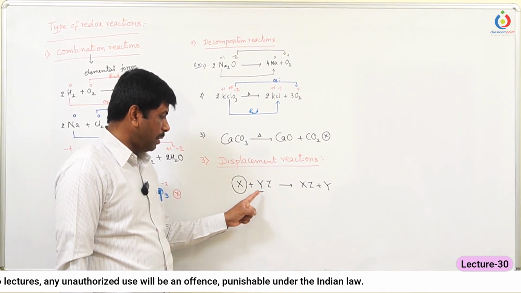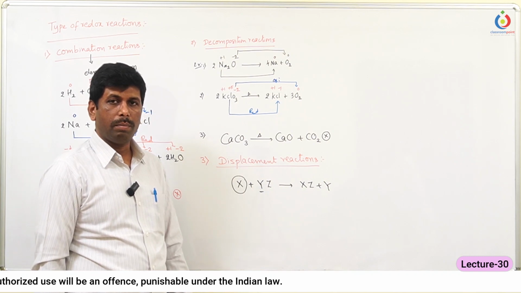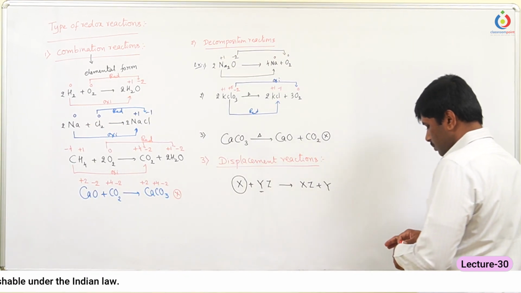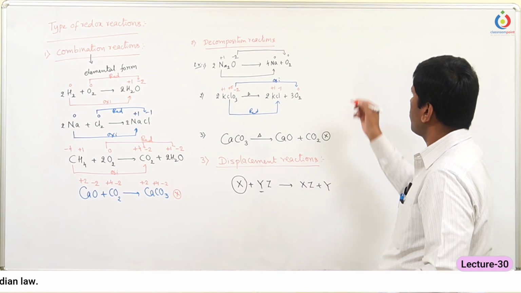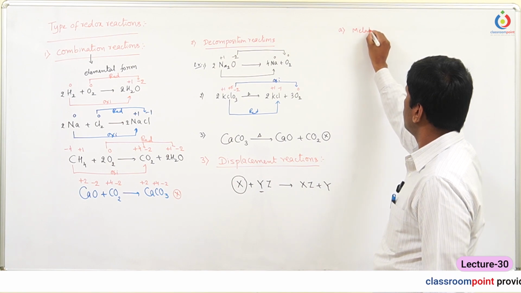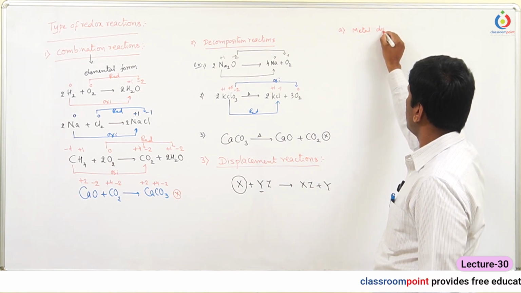If a metal is replaced by another metal, that is called a metal displacement reaction. So let us see those reactions. The first category is metal displacement reactions.